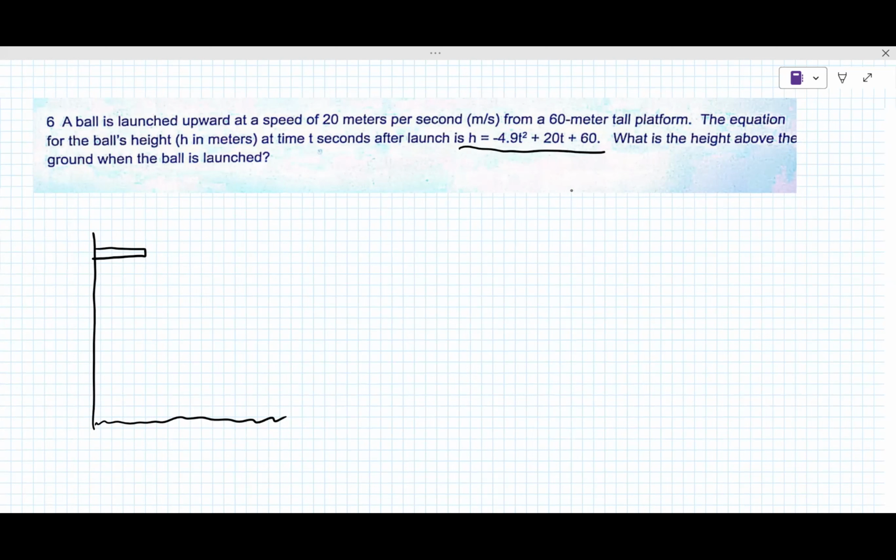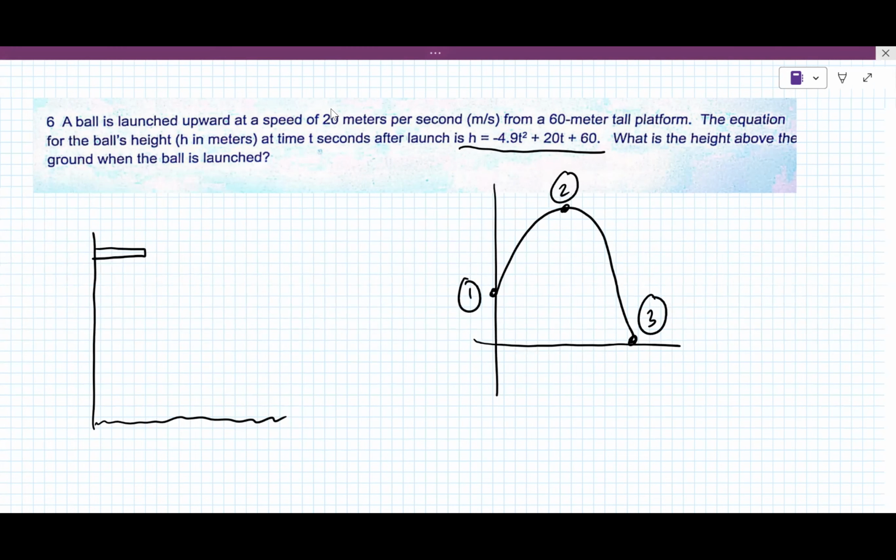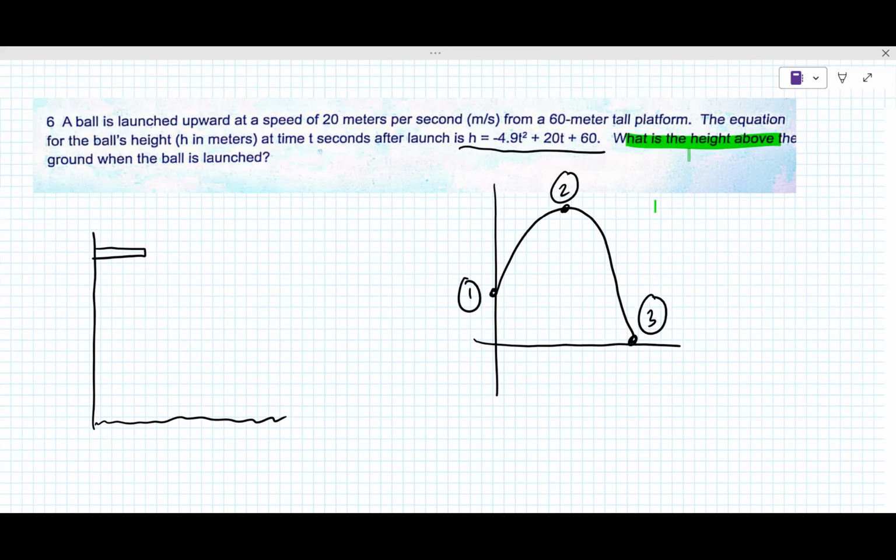It says, what is the height above the ground when the ball is launched? I actually didn't give you the full information here. There's 3 places that you're interested in sometimes: the first one over here on the left, the max height, and then down here at the bottom. This time we are interested in number 1.